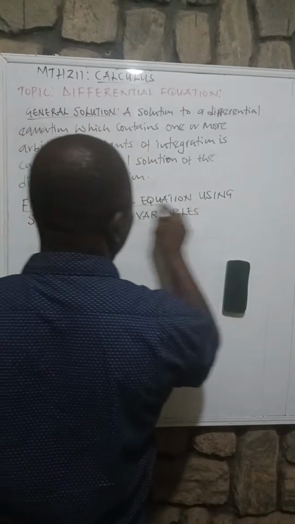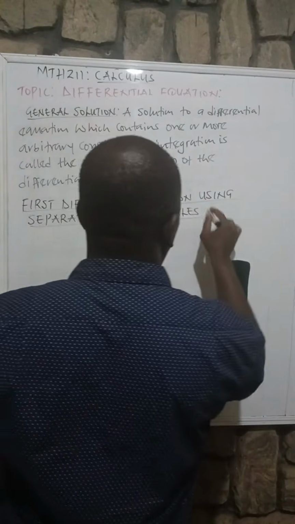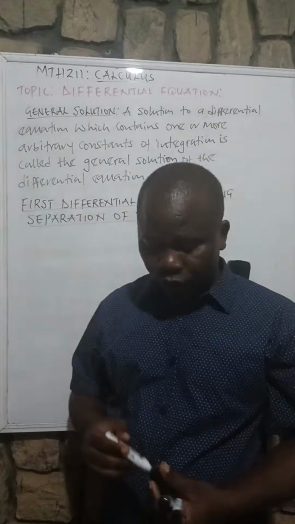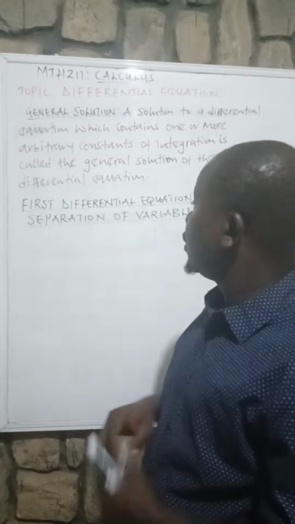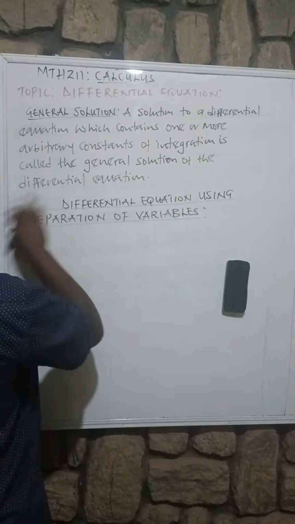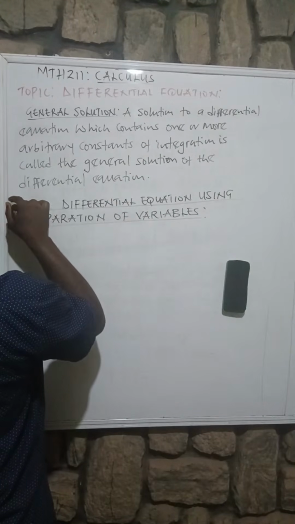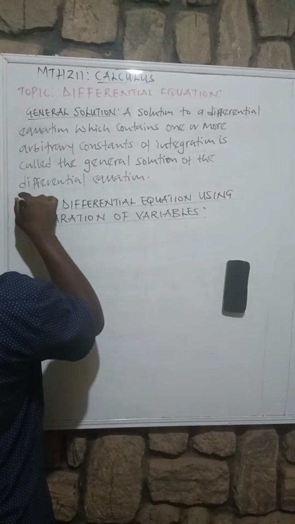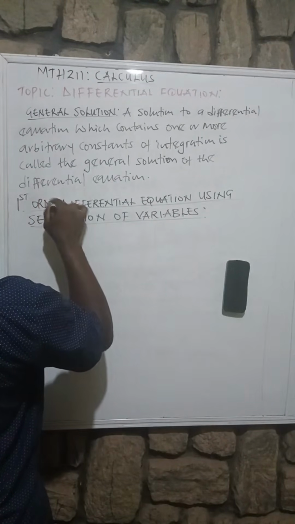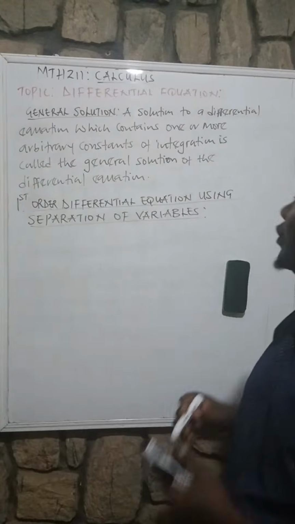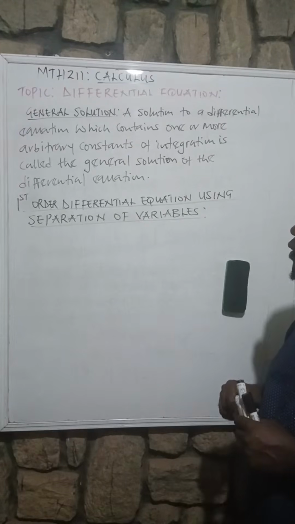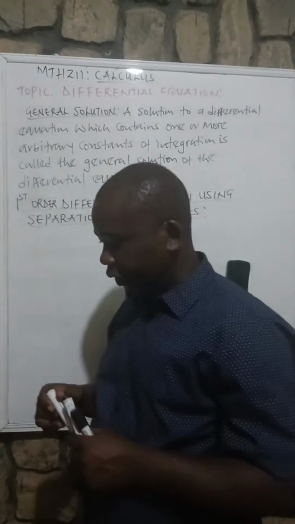Separation of variables, right? Okay. But before we begin to solve, let me just write it this way. First order differential equation using separation of variables. Is that clear?